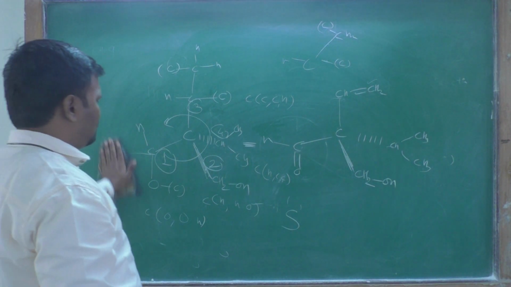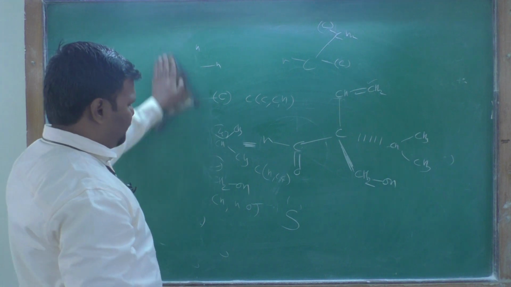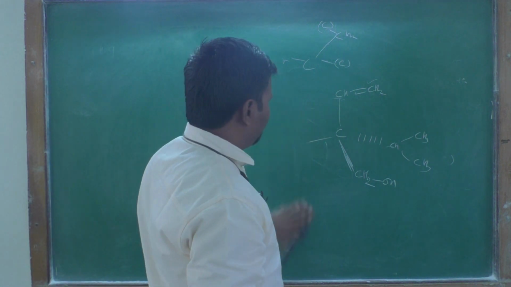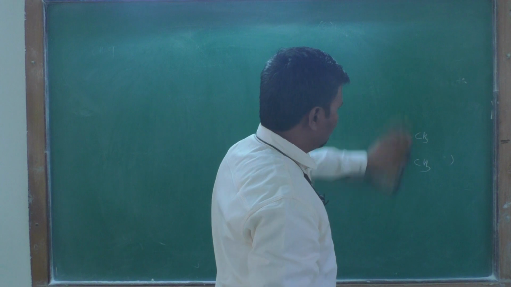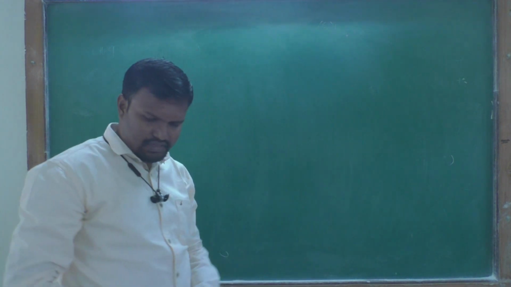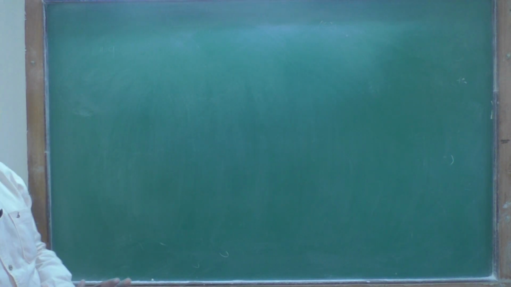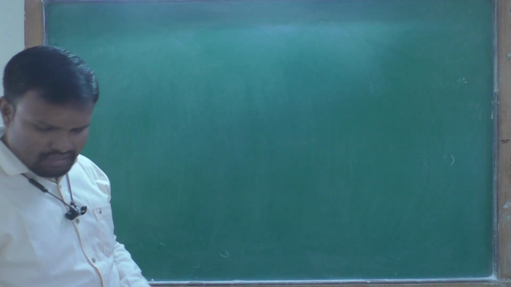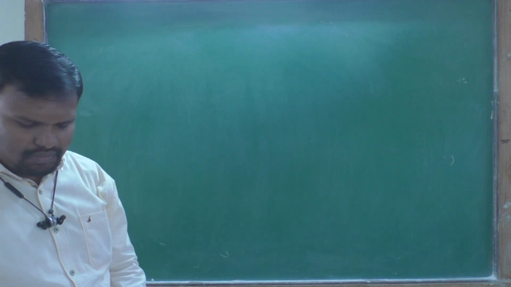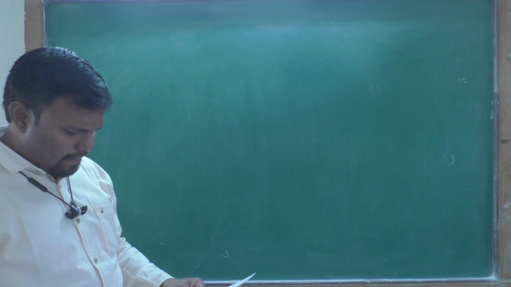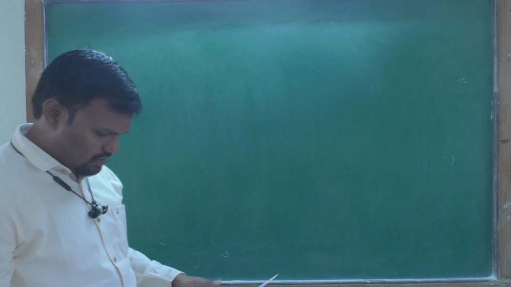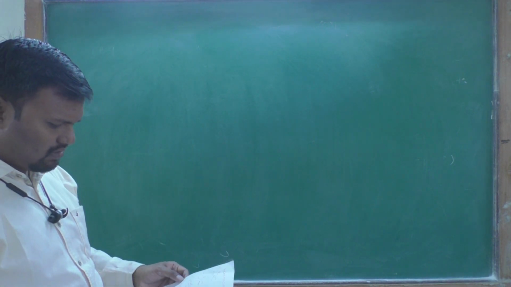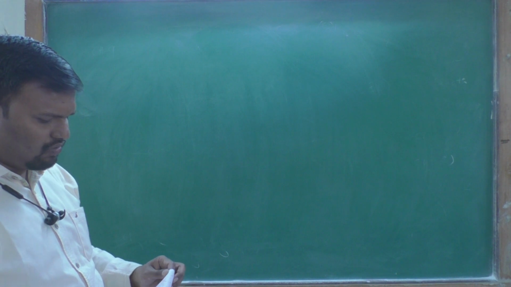Okay, these are some examples. By observing these, some doubts are created, which we have tried to minimize by using some rules. Then there is another example of how to give the nomenclature in cyclohexane.